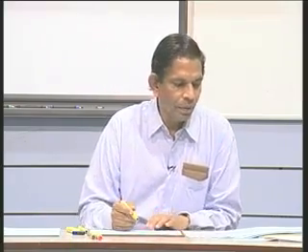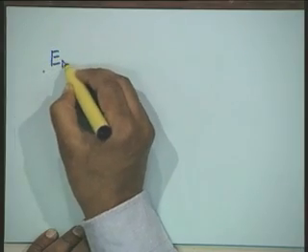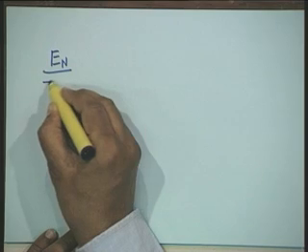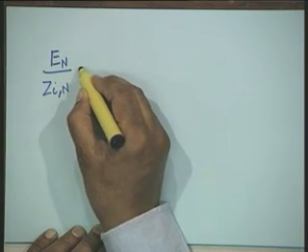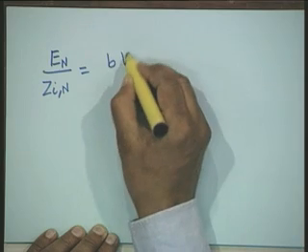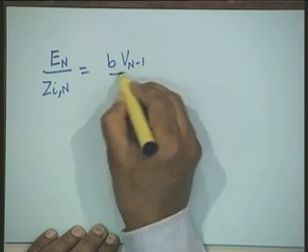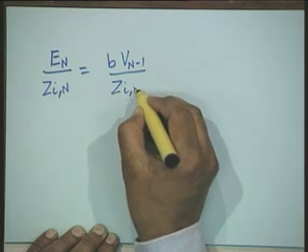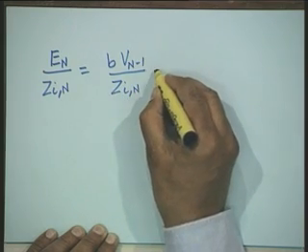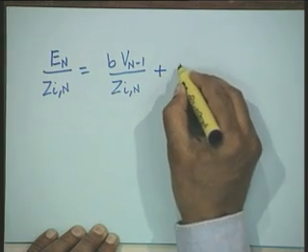For the second equation, we can write down E n divided by Z I n equal to B times V n minus 1 divided by Z I n plus I.